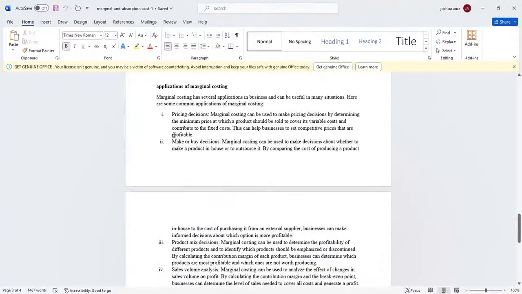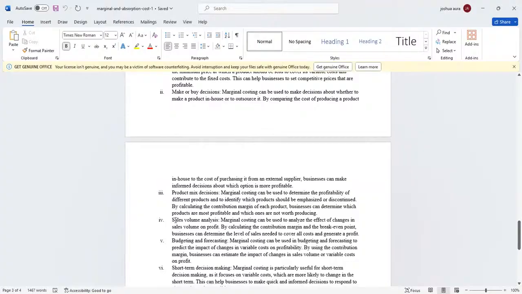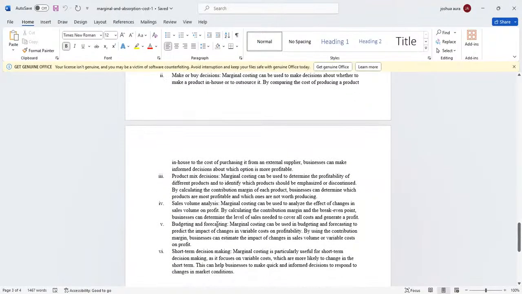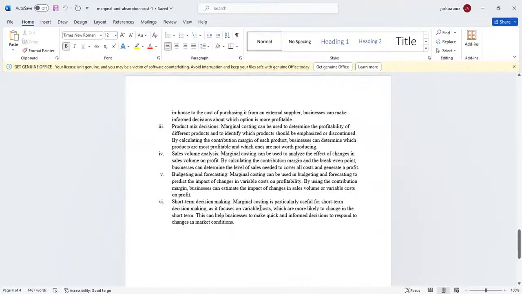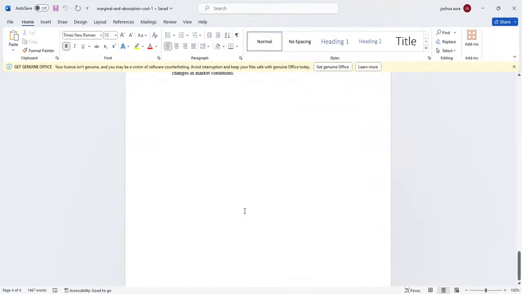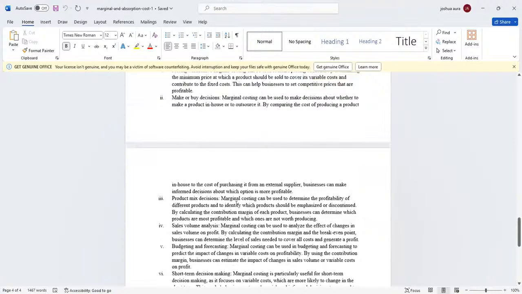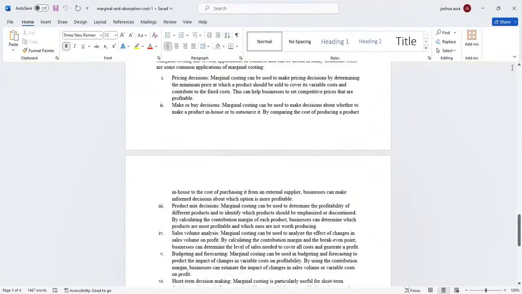Application of marginal costing: pricing decisions, make or buy decisions, production mix decision, that is topic number 8. Then sales volume analysis, that is break-even point, still number 8. Budgeting and forecasting, short-term decision making, that is for marginal, which we've been able to explain.